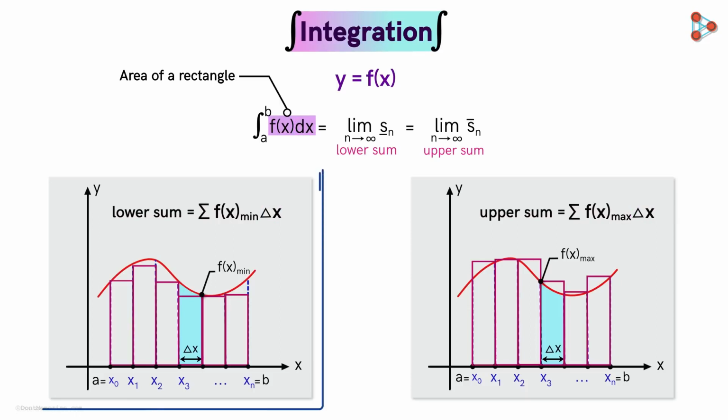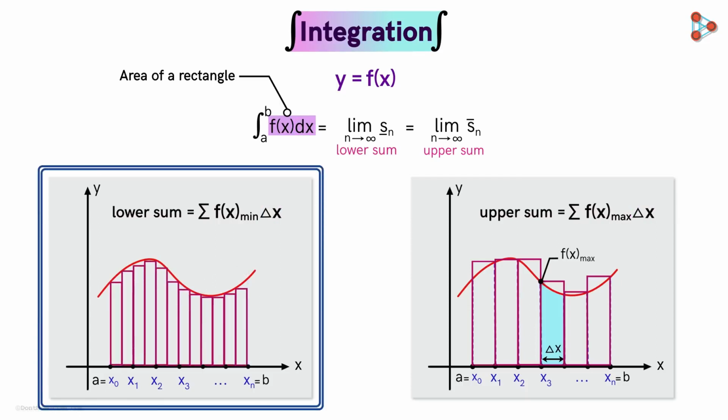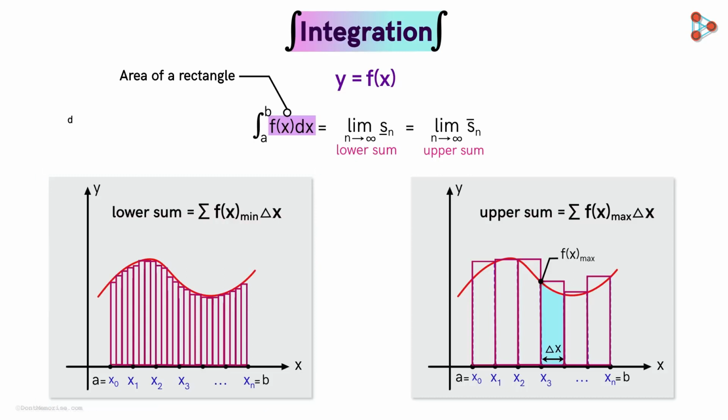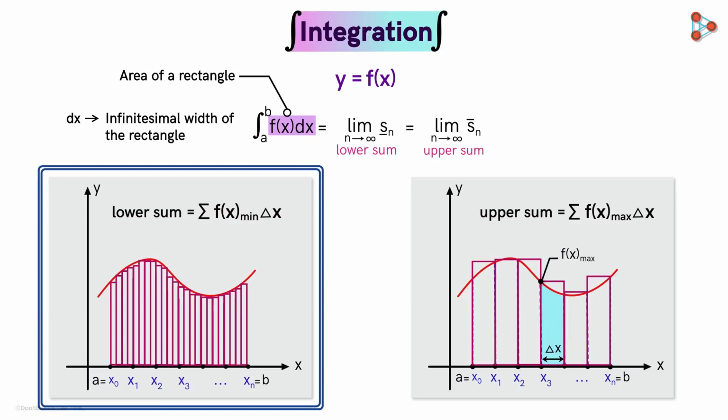This is because we know that more the number of subintervals, better is the approximation. As we increase the number of subintervals, the width of the rectangles becomes very, very small. So by dx, we mean that the width of the rectangles is infinitesimal. What we're really doing is adding the areas of very, very thin rectangles.